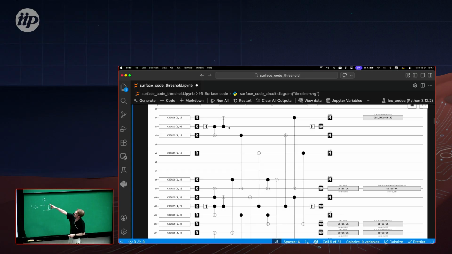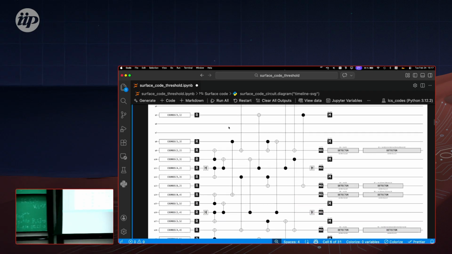And then we again perform a Hadamard and read out in 0, which is the same as an X measurement. So this is an X measurement similar to the one that we've seen in the repetition code. And this reads out one of those boundary stabilizers of a surface code. Okay, so this is the circuit.